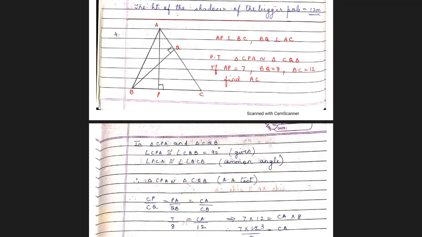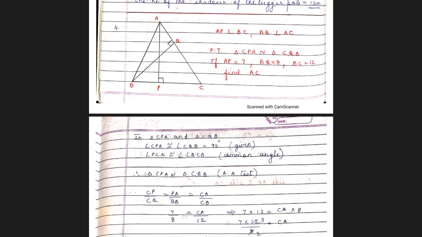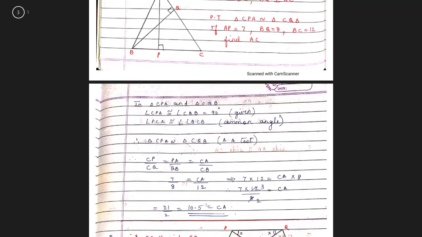What happens is when you write it in this way, you have no reason to go wrong when you write the sides in proportion. So I can easily write CP upon CQ. I think I've told this to you before also. When you have two triangles which are similar, look at the first two vertices, CP upon CQ, which is equal to the second and the third vertex, PA upon QB.